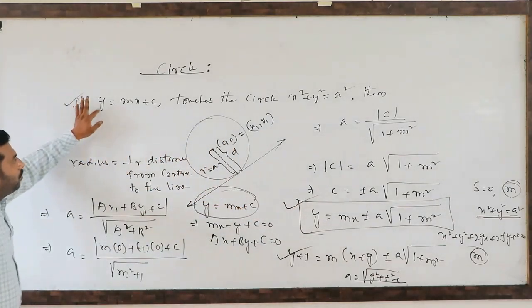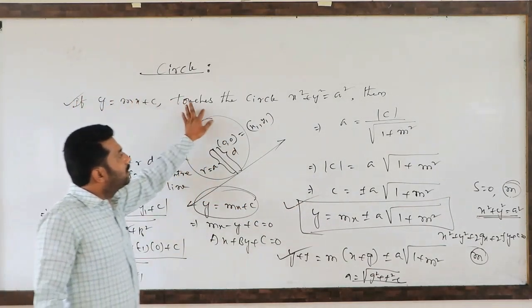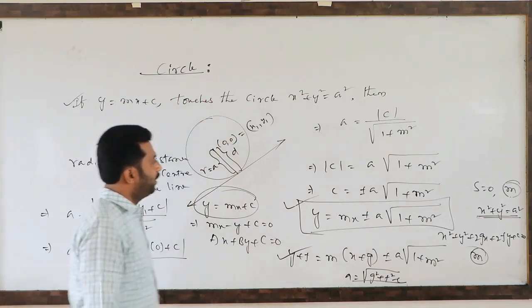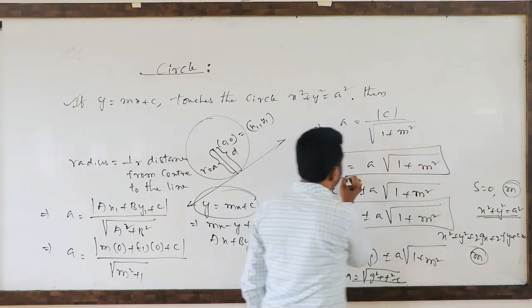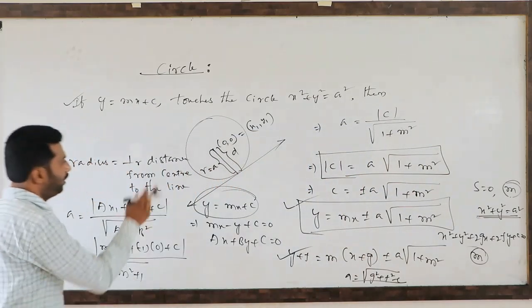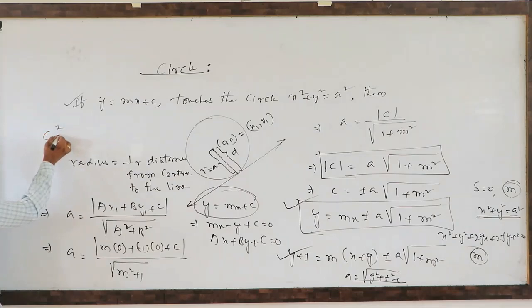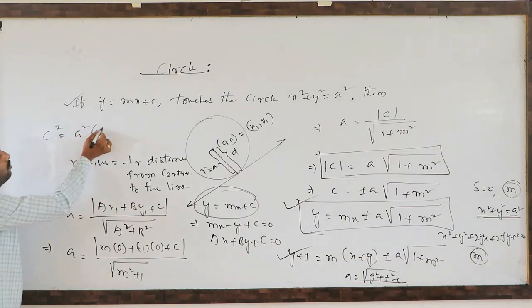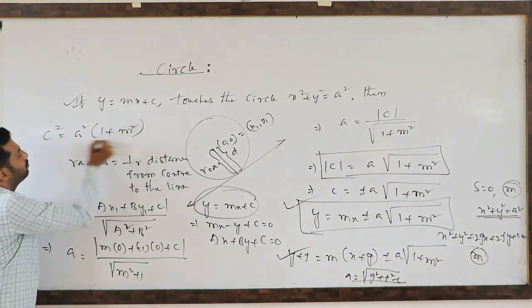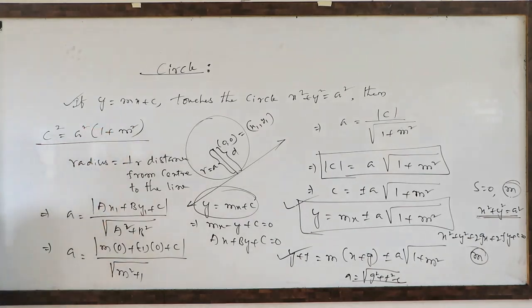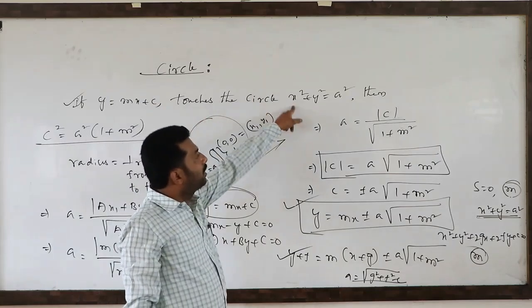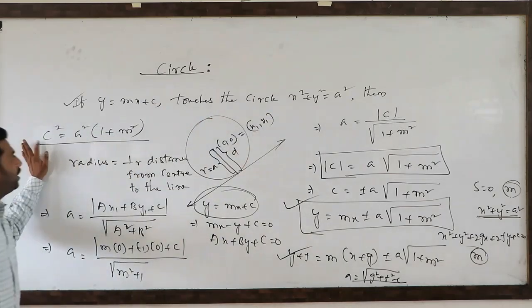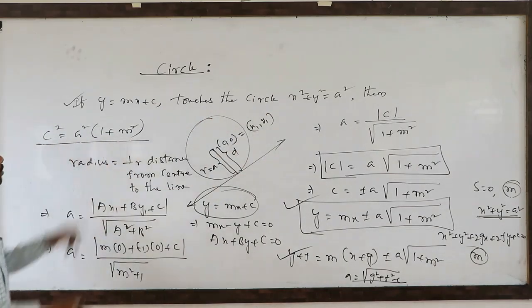So if y equal to mx plus c touches the circle, what do you have to write? This is the condition you have to remember. From this condition you can write, squaring on both sides, c square equal to a square into 1 plus m square. So y equal to mx plus c touches the circle means c square equal to a square into 1 plus m square.